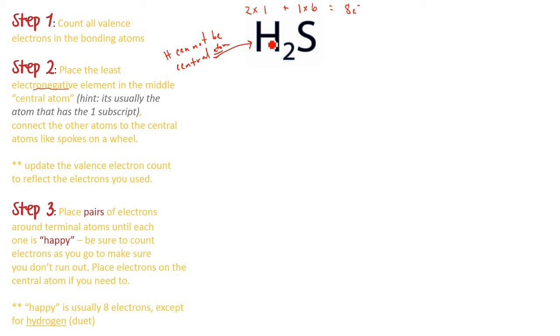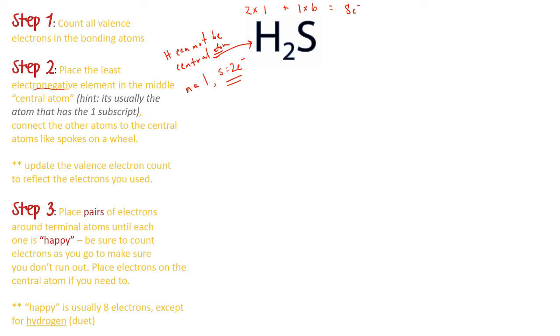Hydrogen is really little and only has access to his energy shell n equals 1. We can recall that when n equals 1, we only have an s subshell, and the s subshell can only hold 2 electrons. So you want to put an atom in the middle that can hold on to lots of electrons, because being the central atom we've seen, you have lots of bonds, right? You're keeping track of lots of electrons.